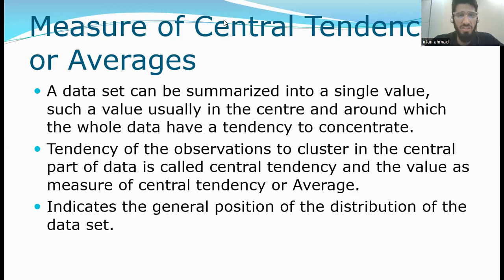It indicates the general position of the distribution of the data set. It tells us about the general position and location of individual data, and it also gives us information about whether there is any skewness or any outlier in the data or not.